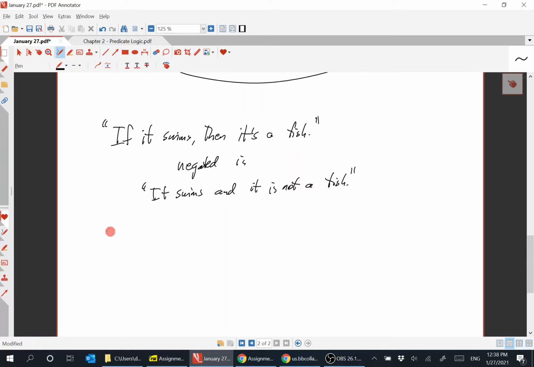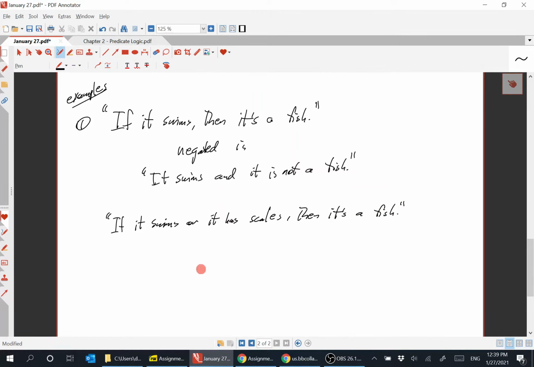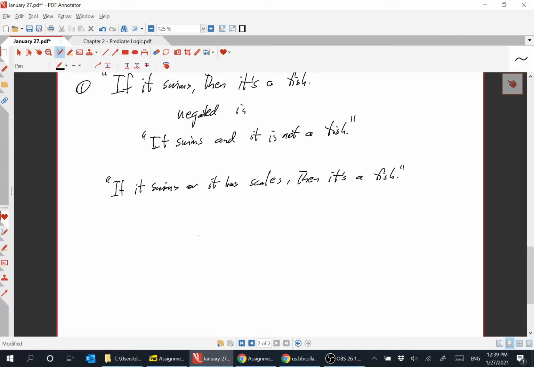So what if we had something like this, right? If it swims or it has scales, then it's a fish. Right? How do we put that into propositional logic?